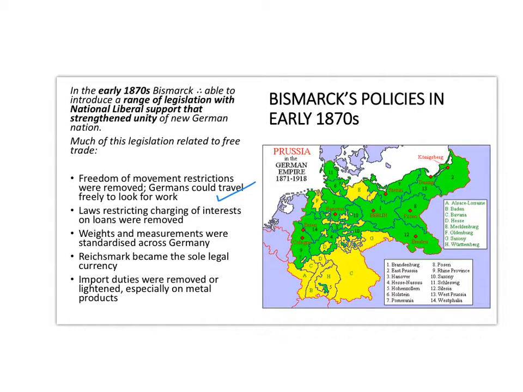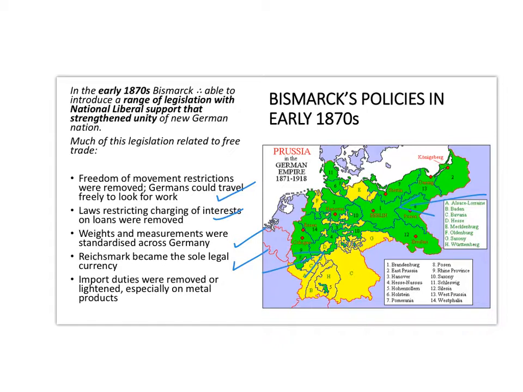They still exist within Germany, but now Germans can move around freely, and businessmen in particular. So laws restricting charges of interest on loans are removed, the common weights and measures are standardised, a national currency was introduced, the Reichsmark, and goods coming into Germany from other countries like France and from Russia.